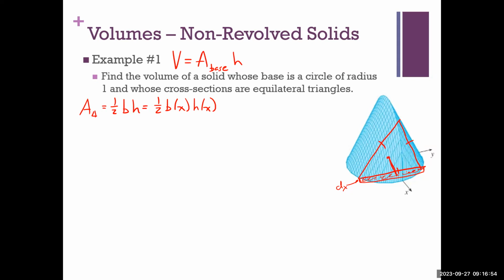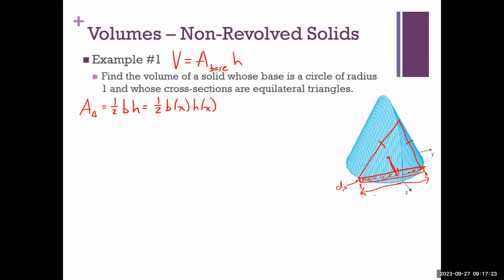So for some x value, how would I find how long the base is of my triangle? Basically, I'm looking for the distance from here to here. How long is that? The radius 1. The radius of the circle is 1.